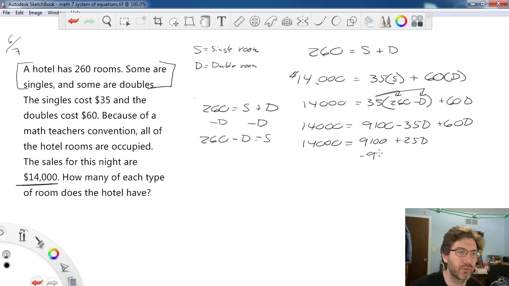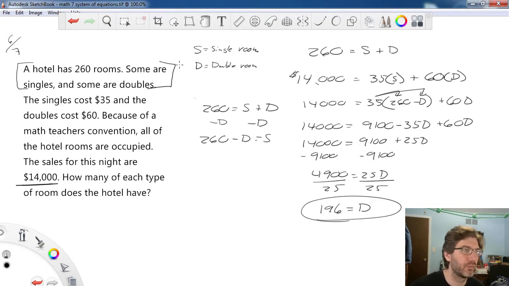Then we can subtract 9100 from each side, and you get 25d equals 14,000 minus 9100, which is 4900. Divide by 25, divide by 25, and you get 196 double rooms.